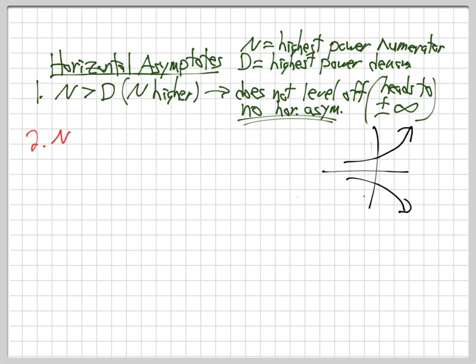Case 2, the numerator power equals the denominator power. Powers are tied. What's that going to do?